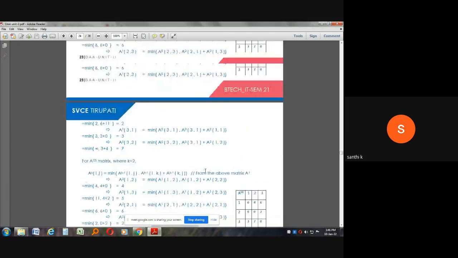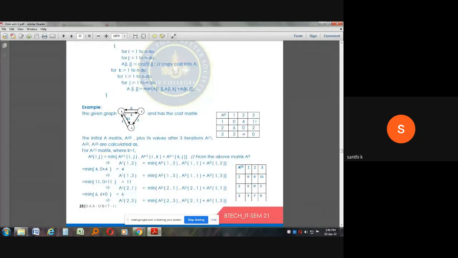That means from vertex 1 to vertex 2 there is a shortest path with the cost of 4. If you look at the given matrix, 1 to 2 has a direct edge of 4, and that 4 is the shortest path between 1 to 2. Now 1 to 3: the direct edge has cost 11, but if we go from 1 to 2 and 2 to 3, 1 to 2 is 4 and 2 to 3 is 2, so 4 plus 2.